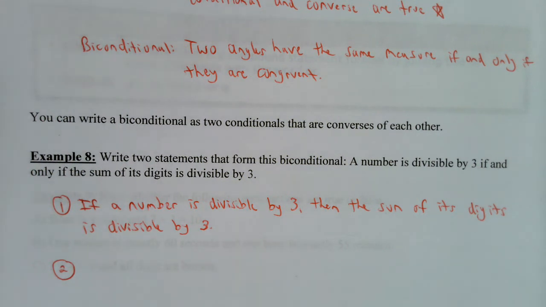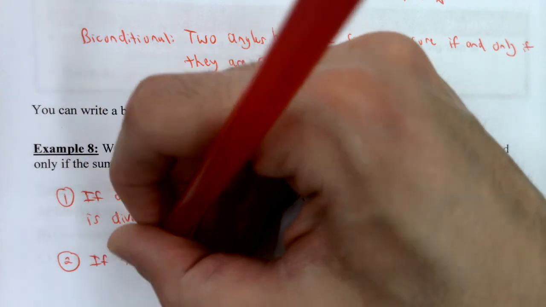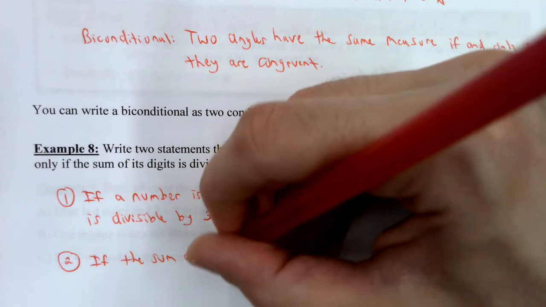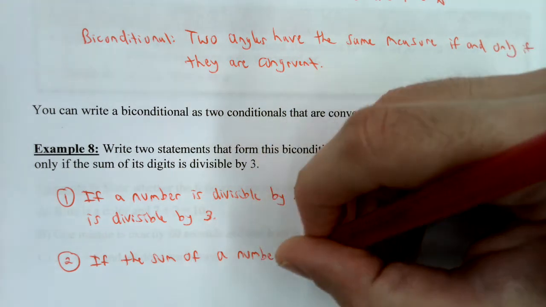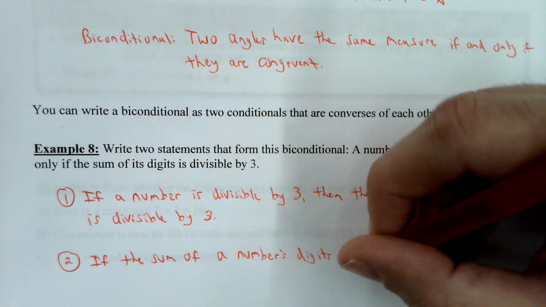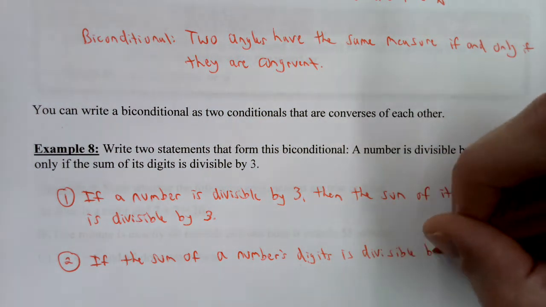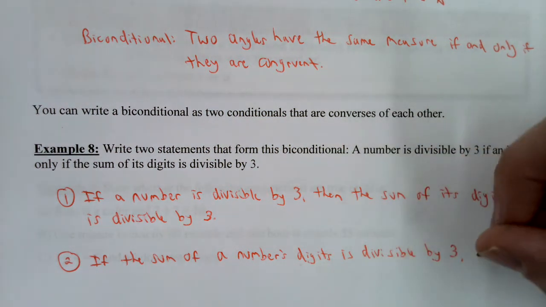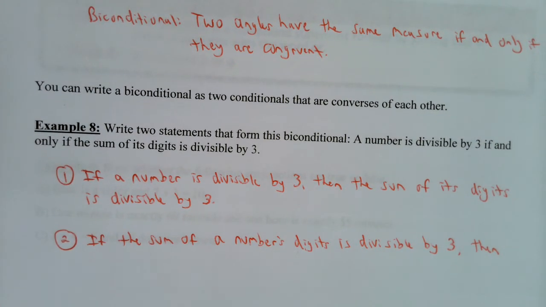Then I'm going to say: if the sum of a number's digits is divisible by 3, then the number is divisible by 3.